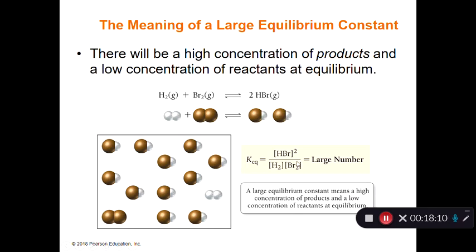So we say the chemical equilibrium constant is going to be large if we have too many products compared to reactants. As you see here, we have a low concentration of reactants and too many product molecules. So our products are concentrated and we have a low concentration of reactants.